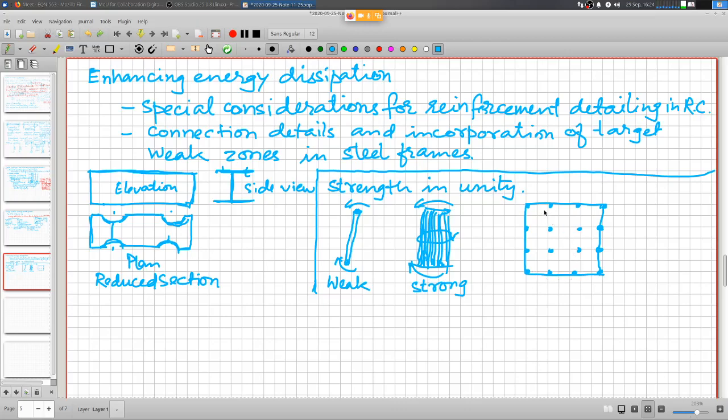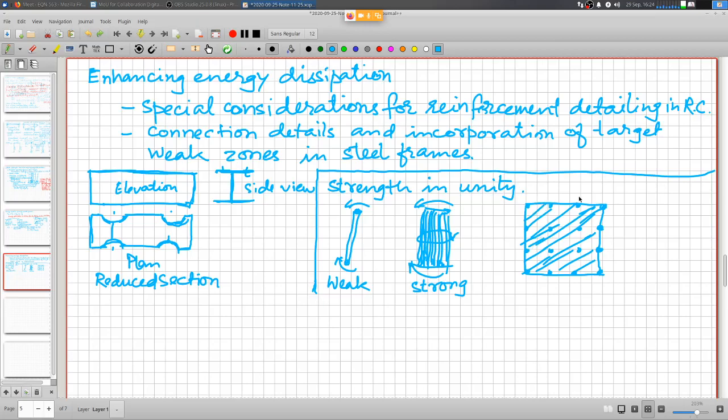But if I ensure that all of these columns are restrained or constrained to move together, right?